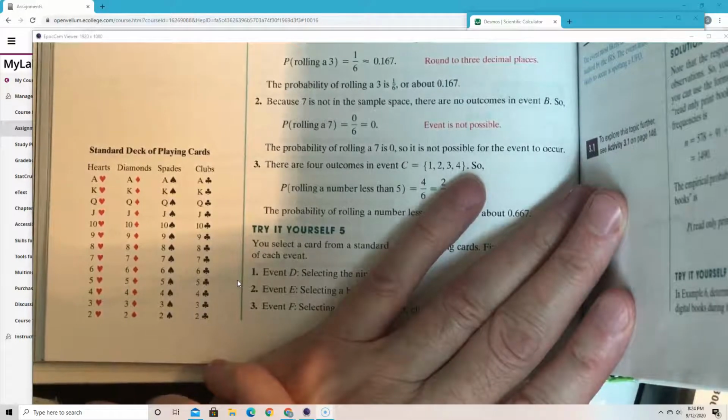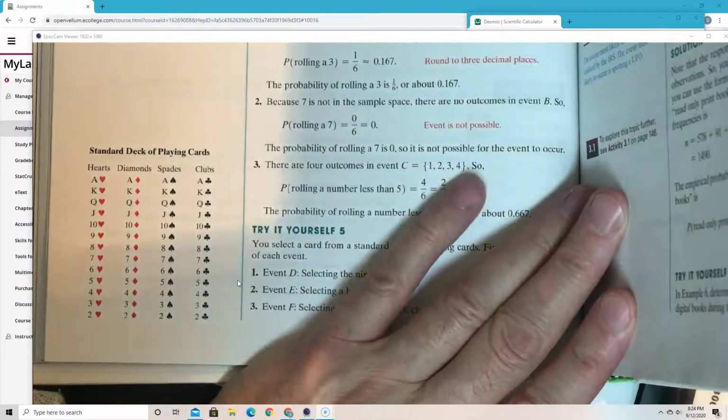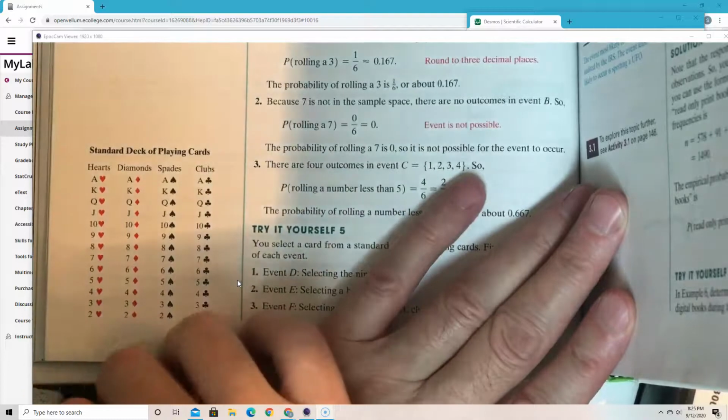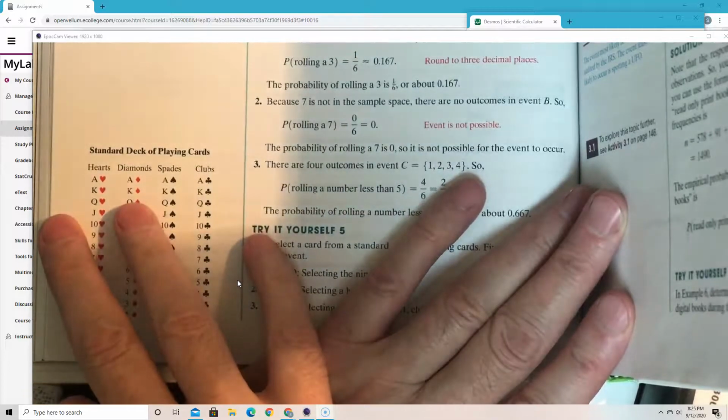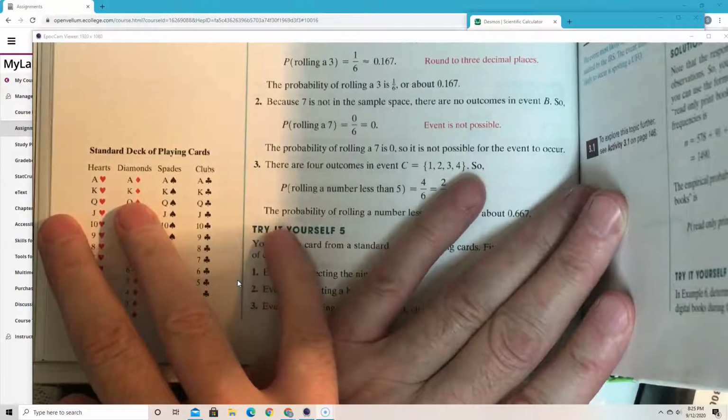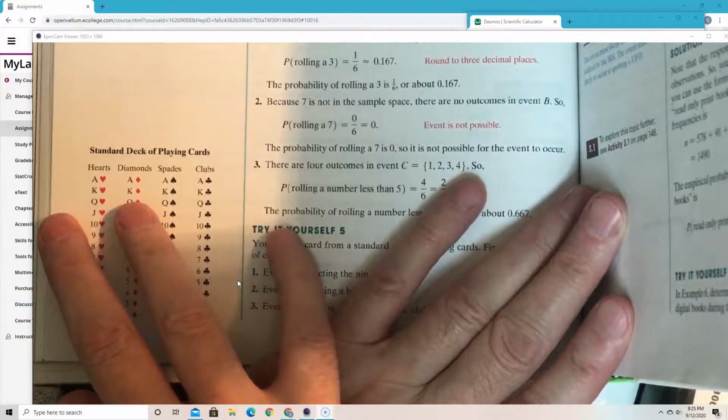So to answer it, we have to say, okay, the chance that it will get an 8 on the first card is 4 out of 52. That doesn't mean you actually got the 8, but that's just the chance that you would get it, 4 out of 52. And then for the second card to be a 5, they're not saying it's going to happen. They're just asking, what's the chance?